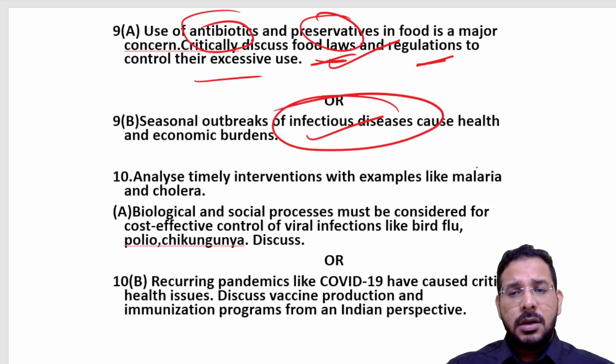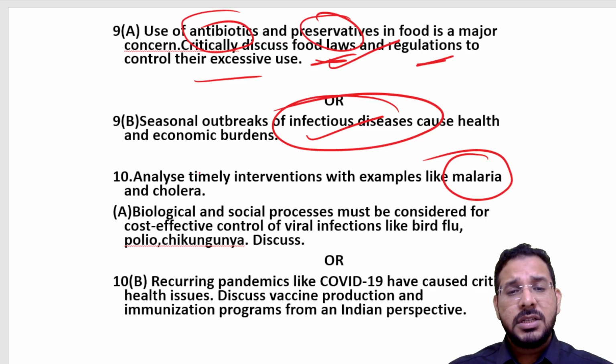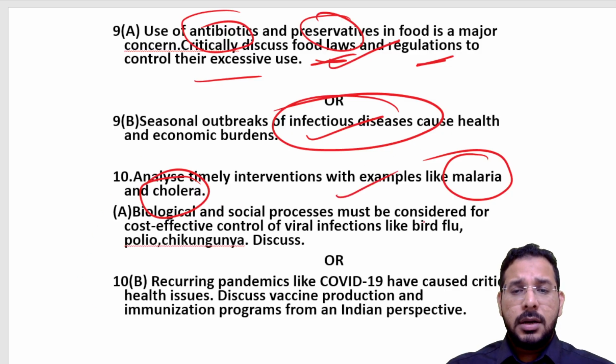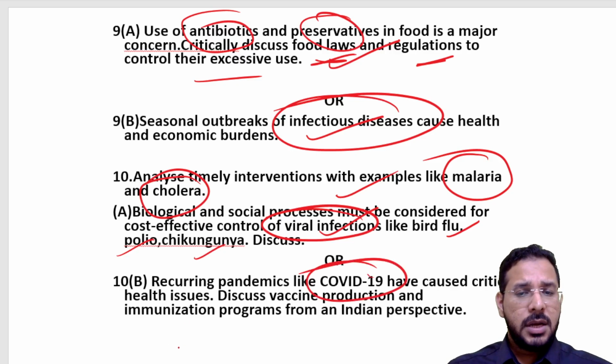Another question was asked on timely intervention in diseases like malaria, cholera, how it will help in eradicating those diseases. A question on viral infections like bird flu, polio, chikungunya, etc. have been asked. One question on COVID-19 has been asked, related to vaccine production and immunization program.